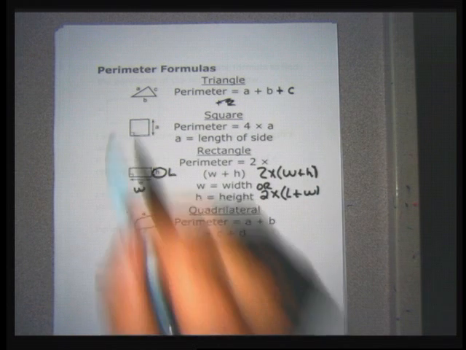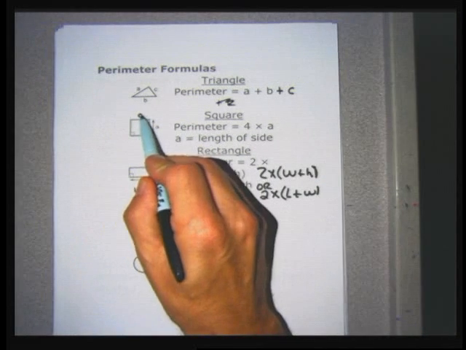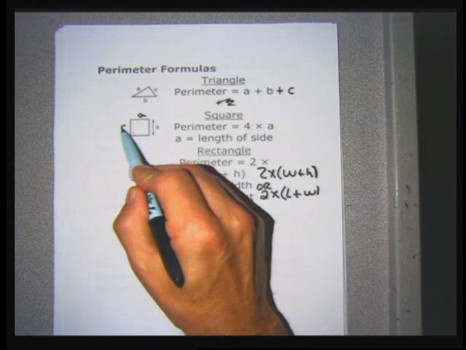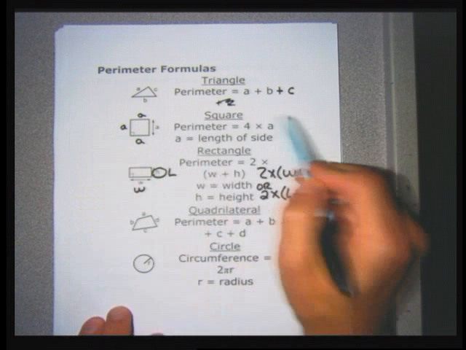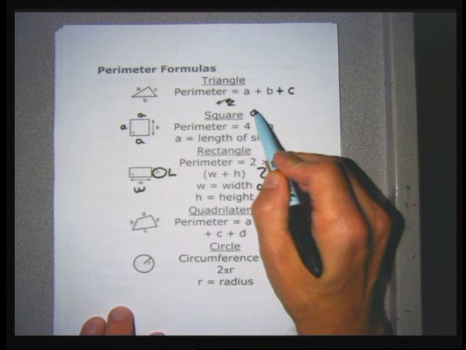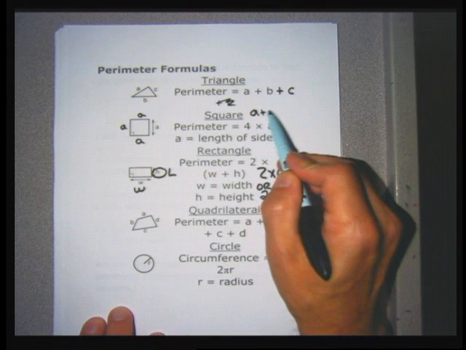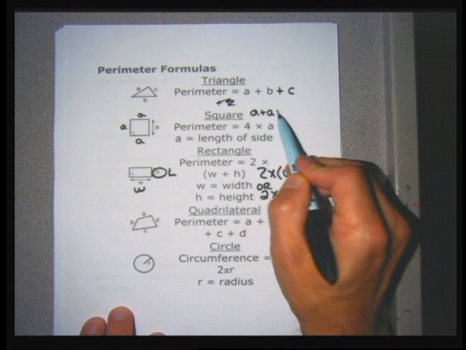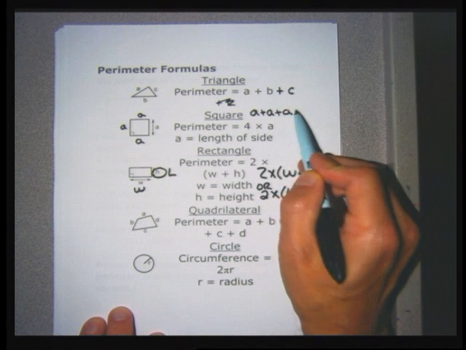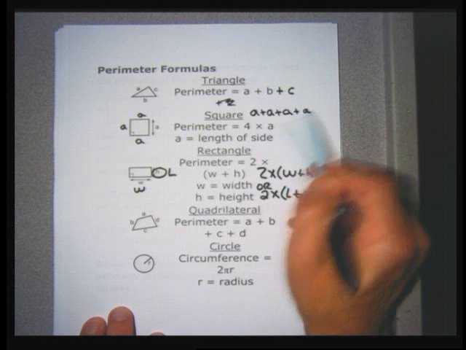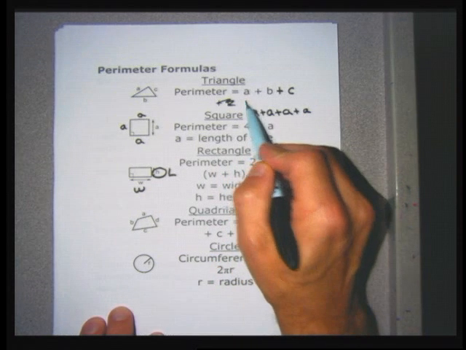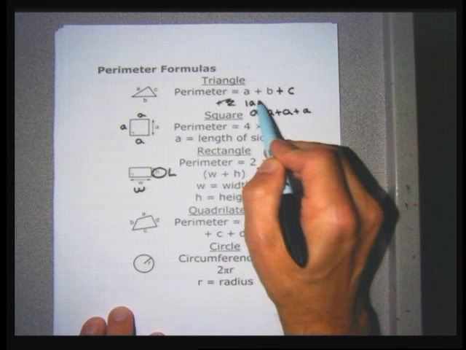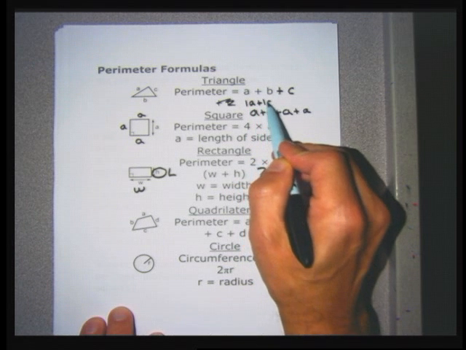In a square, because all the sides are the same, if you call each side A, you could add up the 4 A's, and that would be a completely legitimate way to find a perimeter. But this can be simplified because A plus A plus A plus A is really the same as 1A plus 1A plus 1A plus 1A.